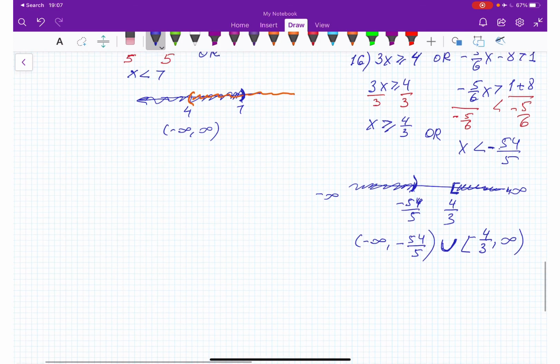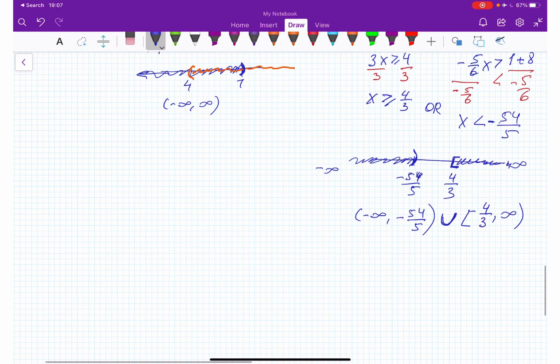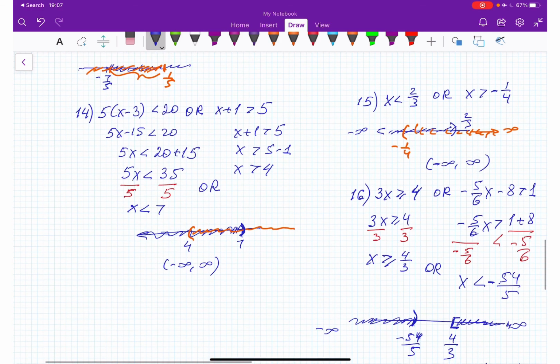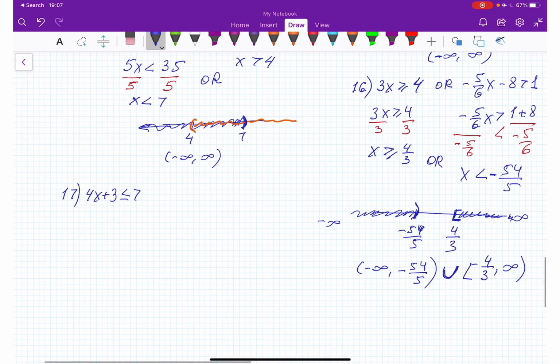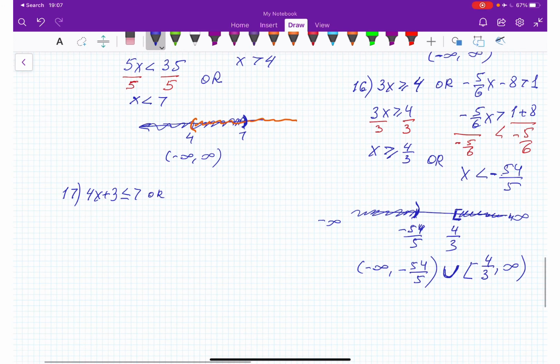Next one. Number 17. Wow, we are at the end. Last problem. So 4x plus 3 less or equal 7, or 8x greater than 33.